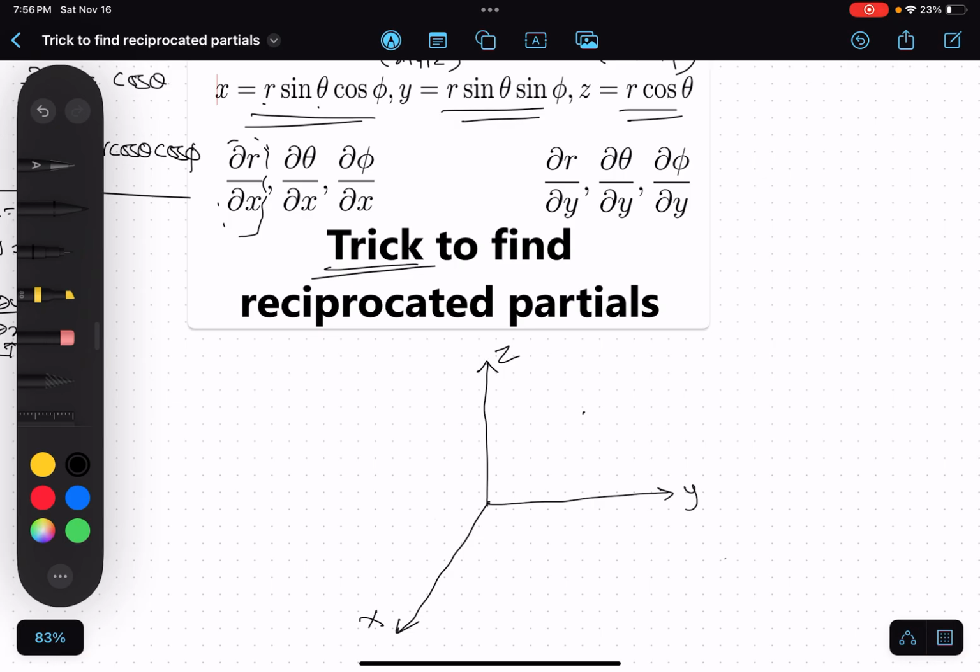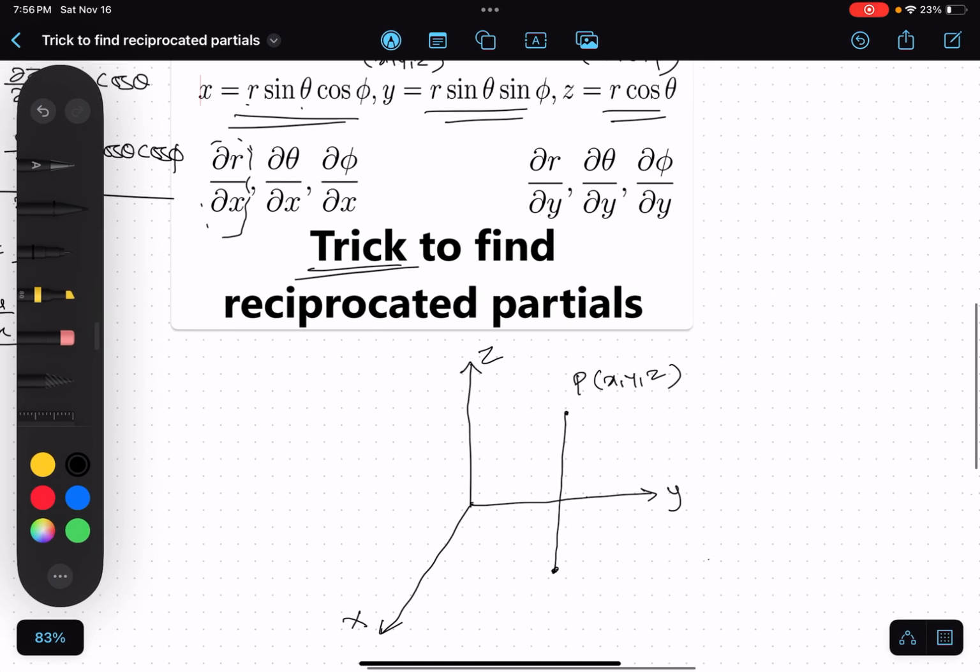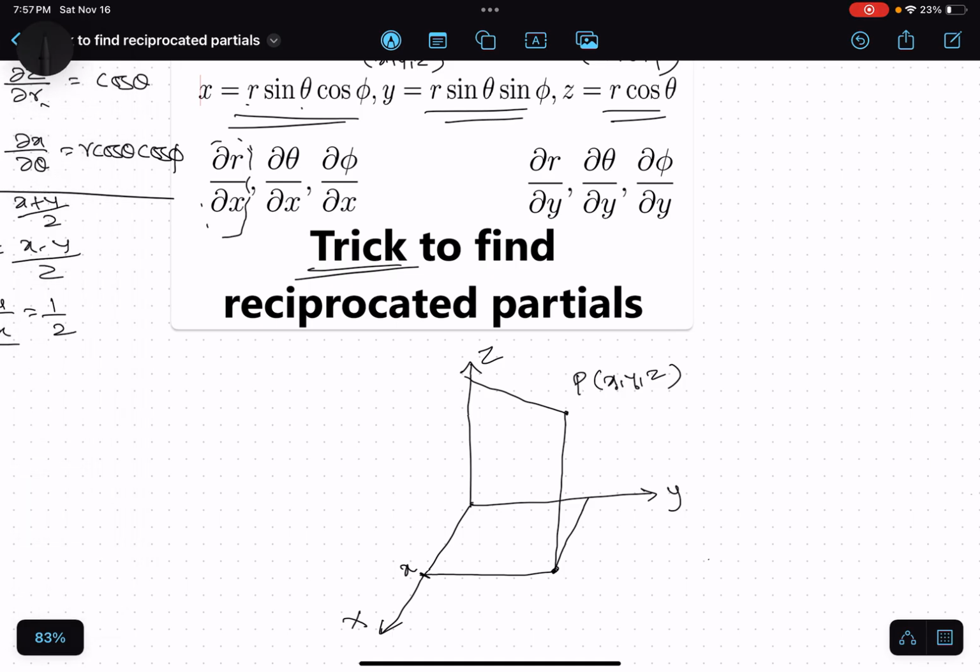Let's say here's a point P in this space with coordinates x, y, z, and this is the projection of this point on the xy plane. And so these are the xyz coordinates of this point.